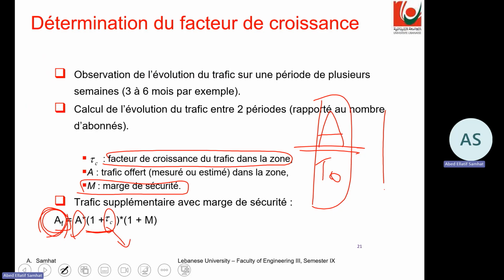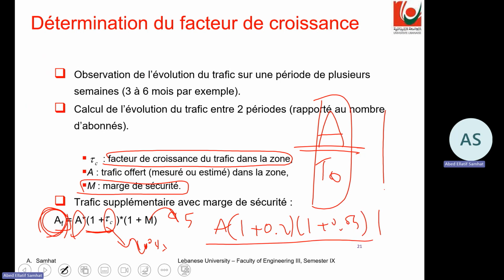Typically, the growth could be, for example, 10% or 20%, and the margin, for example, 5%. So in this case, it will be A times 1.2 times 1.05, and we work on this value. If we don't need to take into consideration this security margin, it's not necessary to multiply by this. We work taking into account just the traffic increase. Okay.